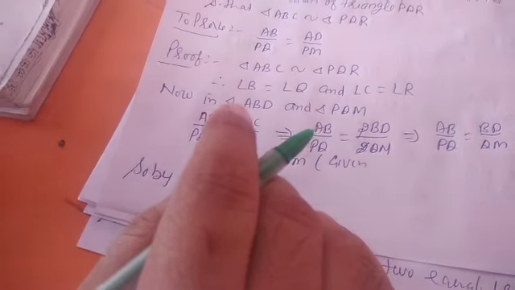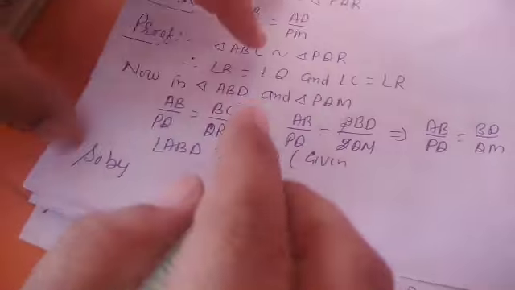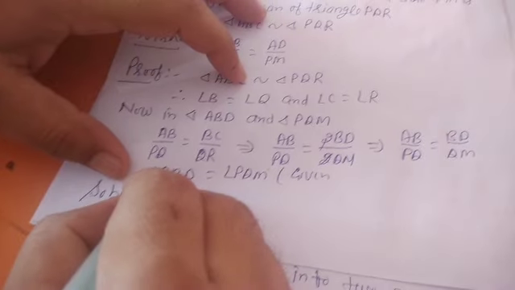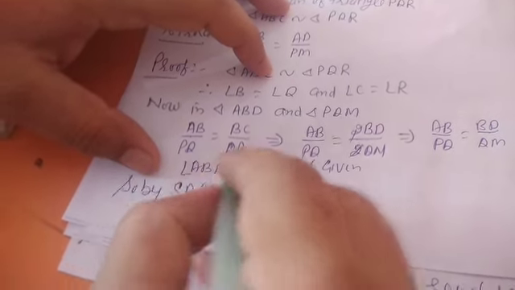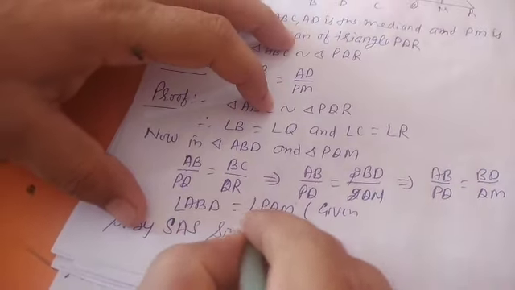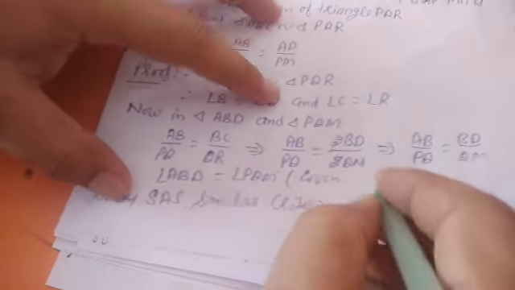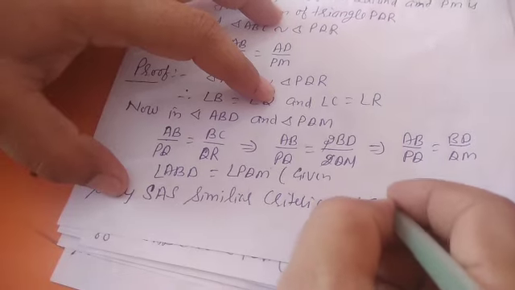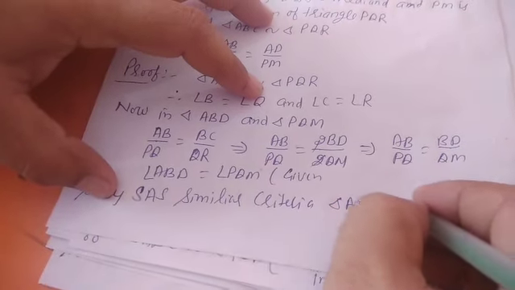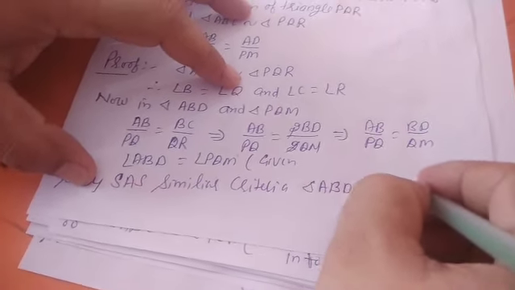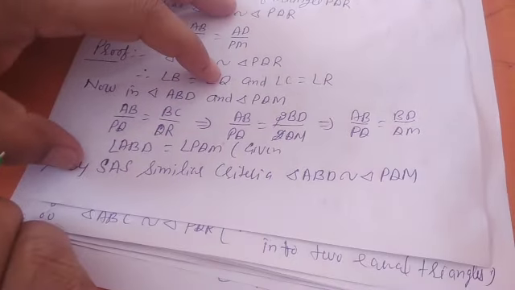Side ratios are proportional, and included angles are equal. So, by which criteria? SAS similarity criteria. Triangle ABD is similar to triangle PQM.